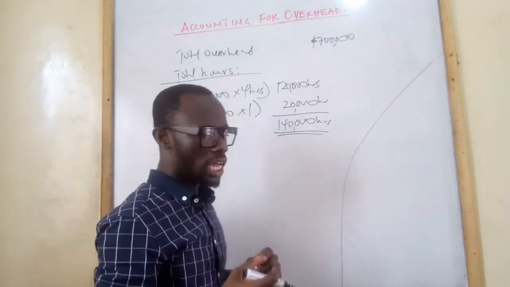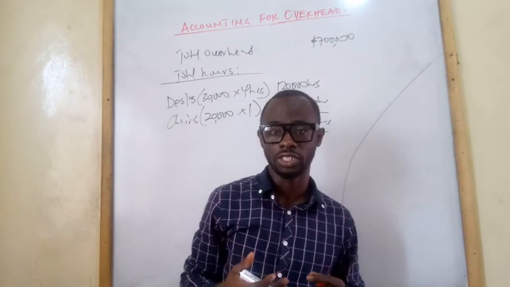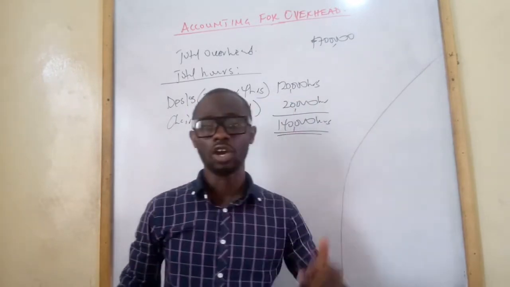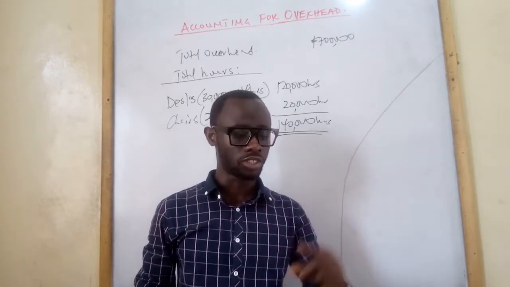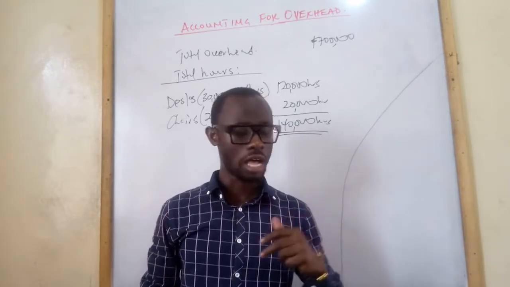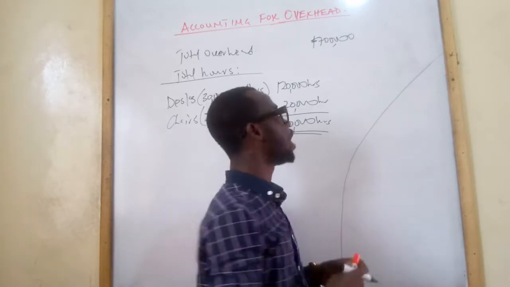We are told that overhead is apportioned based on the labor hours. So we need to get what we call the overhead absorption rate. We will use that overhead absorption rate to now apportion the total overheads.